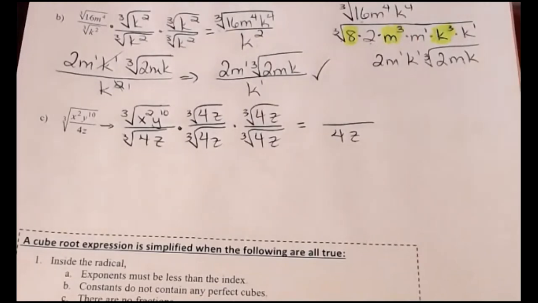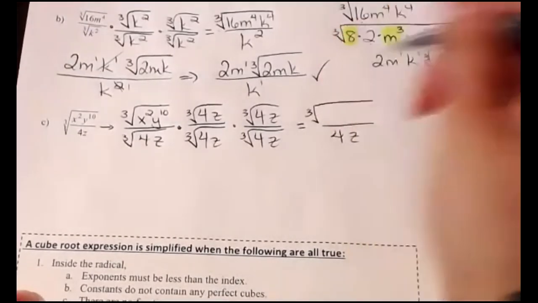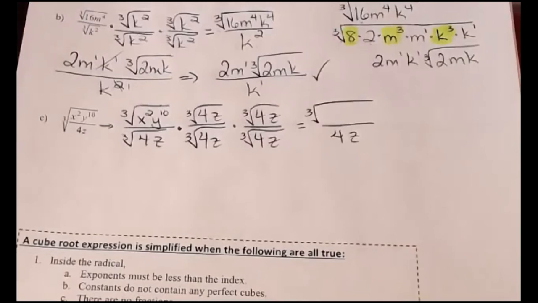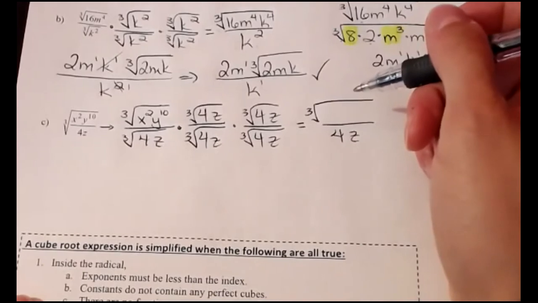Now let's fix the numerator. We've got a lot going on. Let's put it together and see what happens. In the numerator, when we multiply everything, we have the cube root of, you tell me, what do we have? 4z, x squared, y to the 10th.